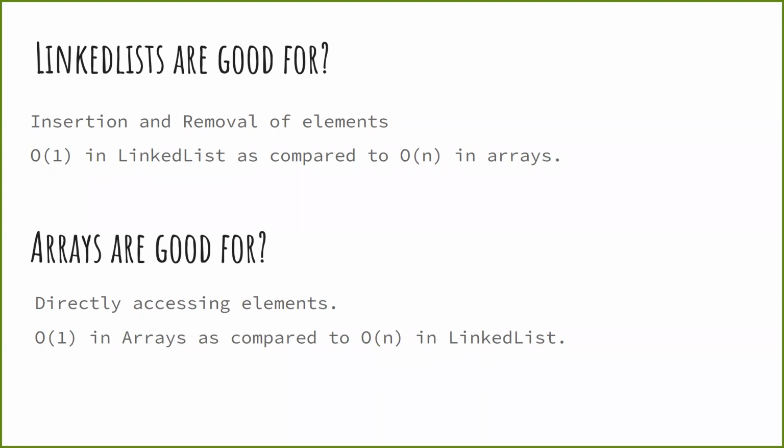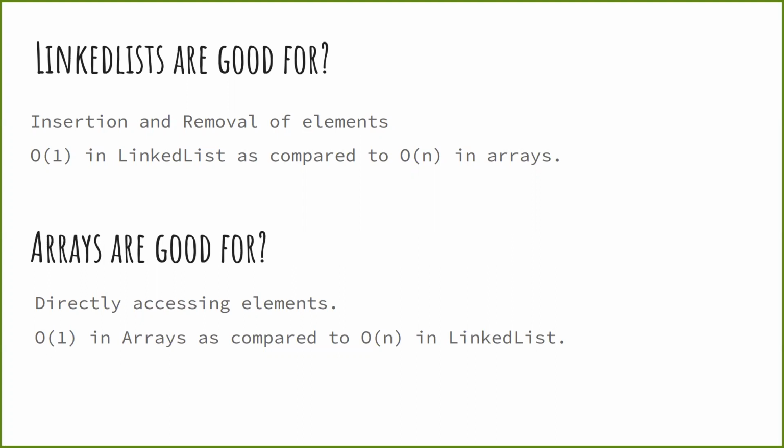Linked lists store elements, but they store them in a different way, which makes insertion and removal way less CPU intensive compared to arrays. If you know about big O complexity, you will understand this. Insertion and removal of elements in a linked list is O(1), constant time, as compared to linear time in arrays.